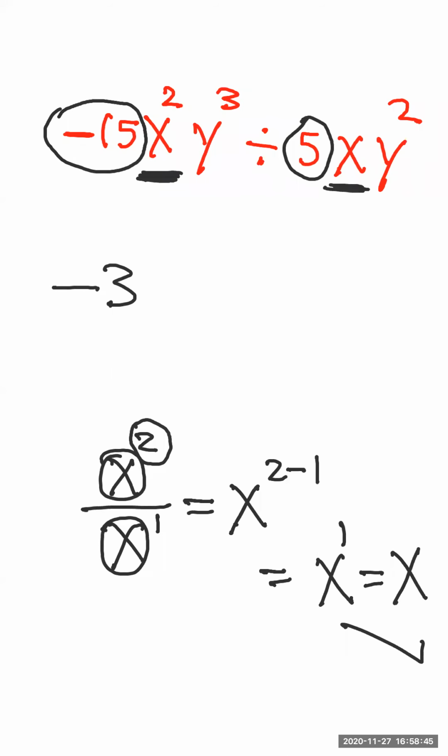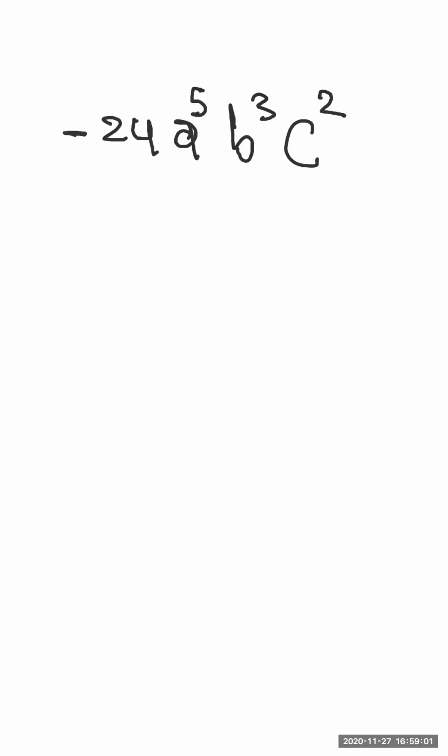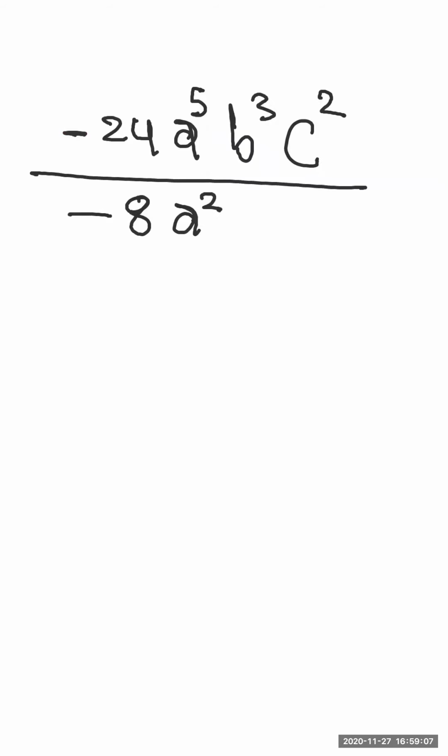One more example. If I want to divide negative 24 a at the power of 5, b at the power of 3, c at the power of 2, I will divide it by negative 8 a squared b.